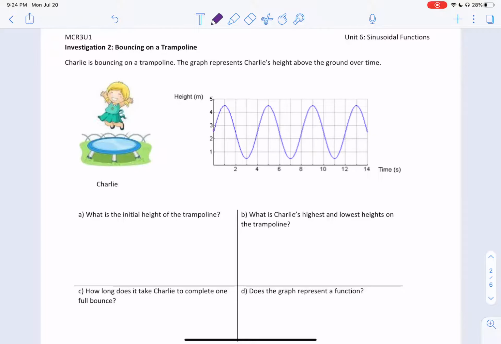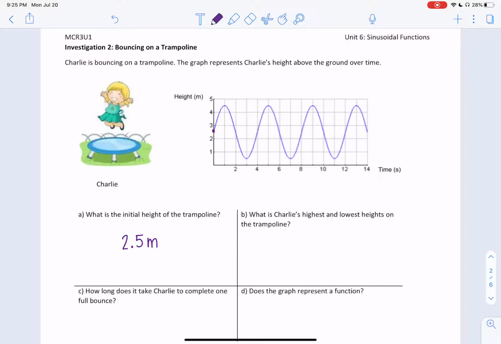So what is the initial height of our trampoline? What is the height that Charlie starts at? If I look at my graph, she starts around 2.5 meters. So that is my initial height of my trampoline.